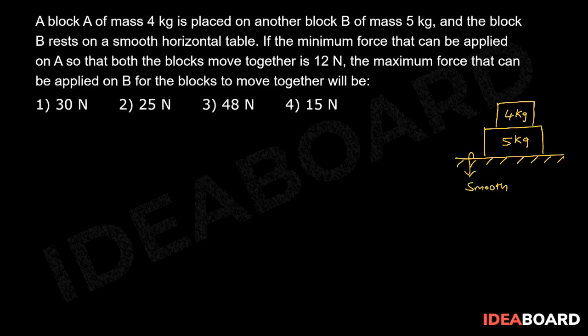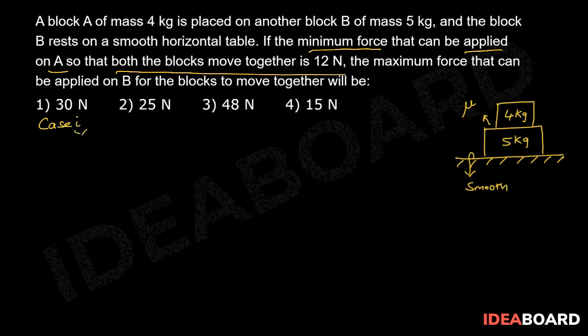The surface between the 4 kg and 5 kg is rough. Let us suppose the coefficient of friction between them as mu. Also, it is said that when the applied force is on A, the minimum value of that applied force that causes both the blocks to move together is 12 newtons.